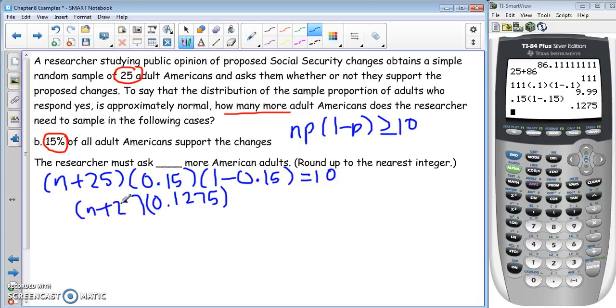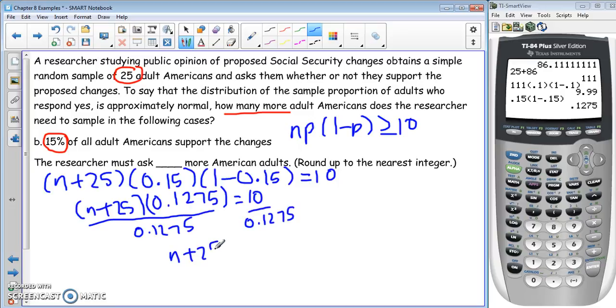Now we have n plus 25 as a quantity times 0.1275 equals 10. So now I'm going to divide both sides by 0.1275, and I'm left with n plus 25 equals 10 divided by 0.1275.